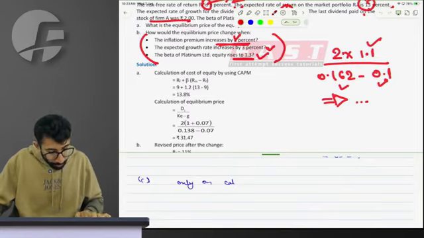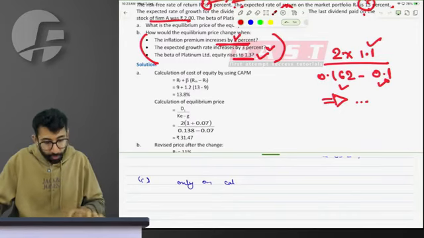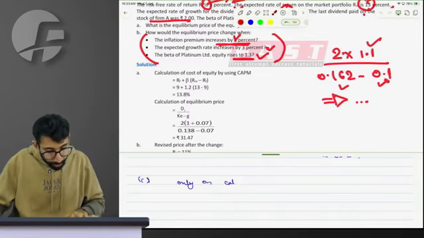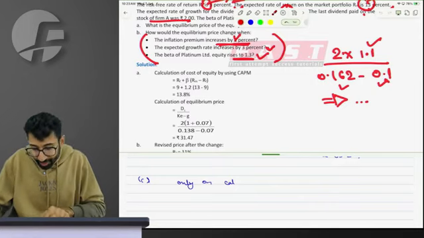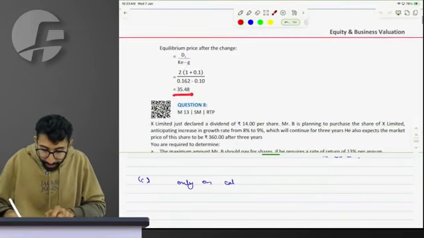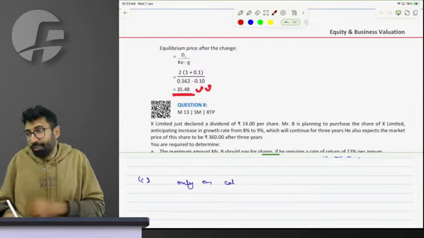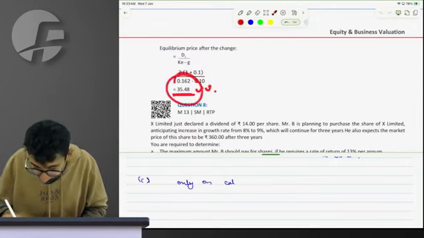Then 0.162 minus 0.1 is equal to 0.062. Divide, and from memory recollect, gives me 35.4838, which is 35.48 as the answer to this particular part. Rupee 35.48.